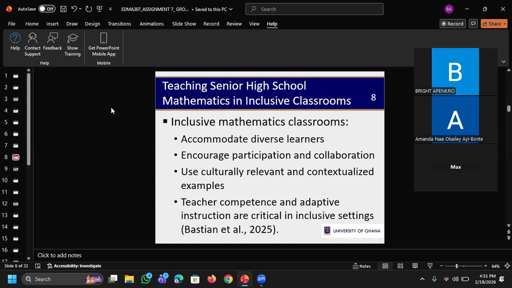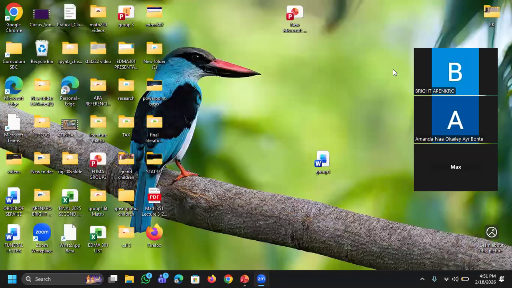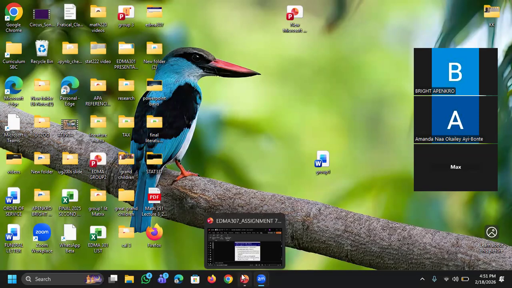Now, how do we teach mathematics in a senior high school inclusive classroom? The first thing we need to do is to accommodate diverse learners. That means all learners coming from all walks of life; it doesn't matter who they are, the background they are coming from, or what their language is.